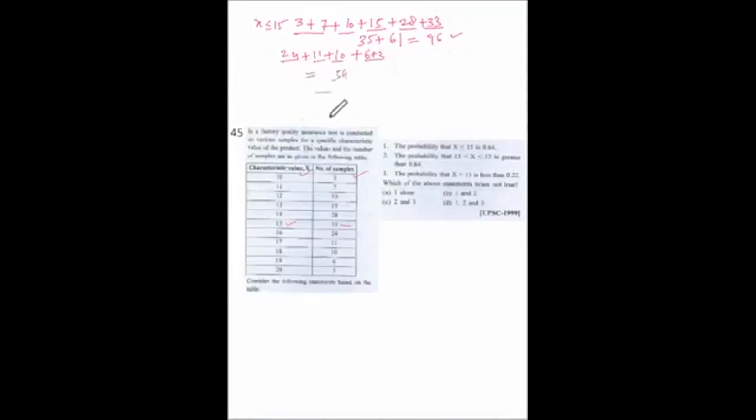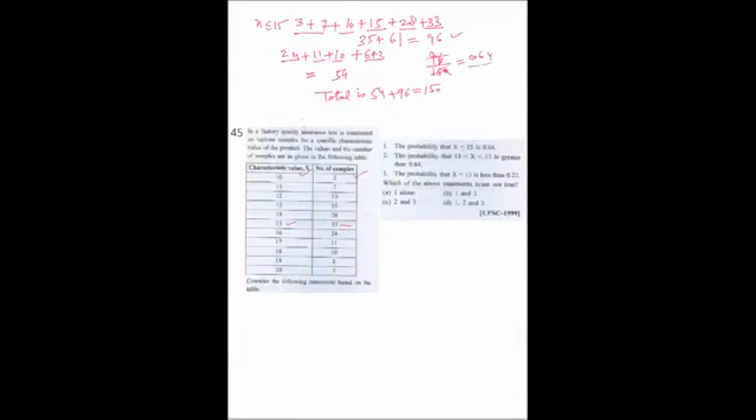So we make the total: 54 plus 96, which comes to 150. So the probability will be favorable 96 upon total 150, which comes to 0.64. So the answer is correct, and this statement is correct.